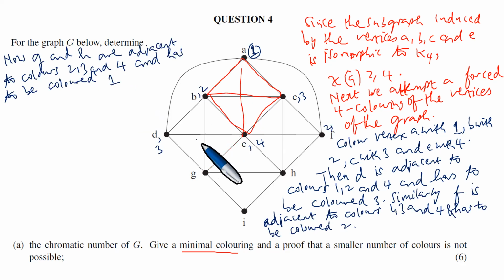We have 4 colors, so there's 3, there's 2, there's 4. G can be colored by color 1, but H also, because it's 3 here, 2, 4, and it can only be color 1. So now we have a dilemma, because you can't have color 1 adjacent to color 1.